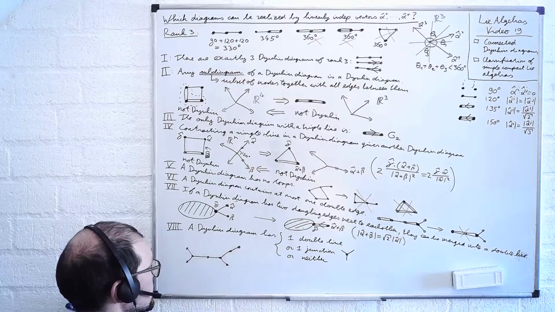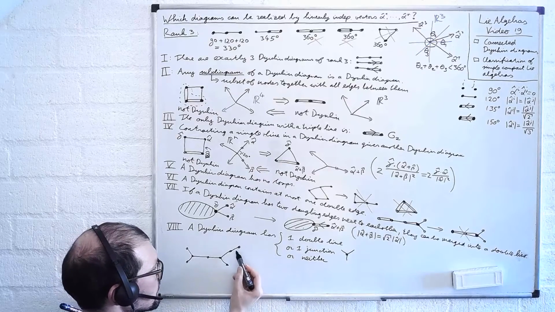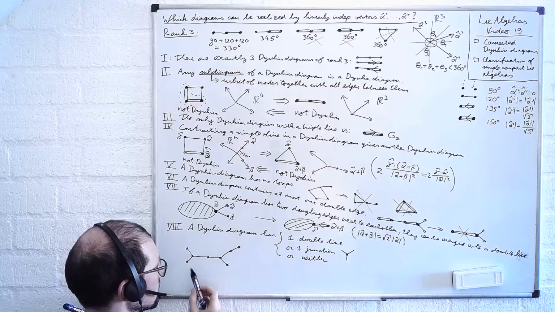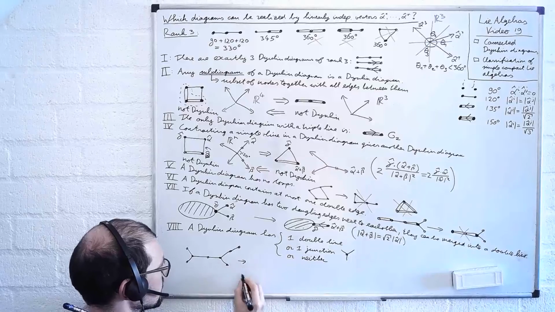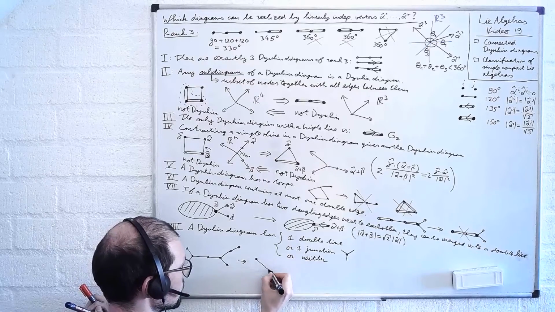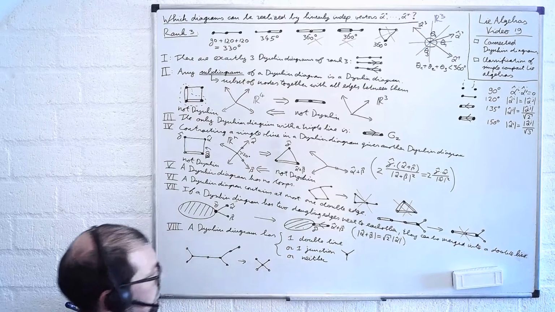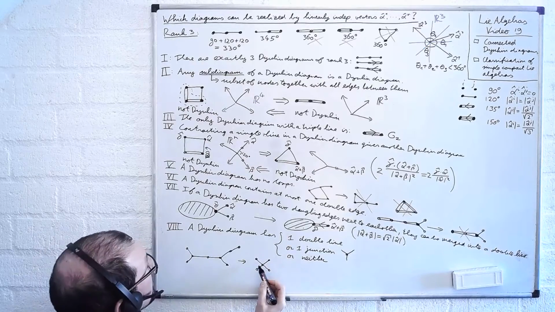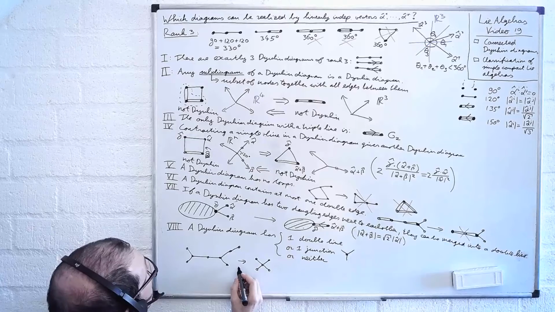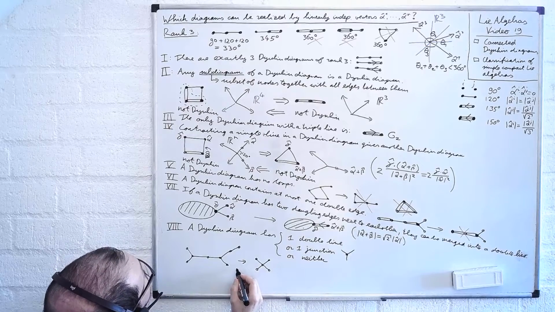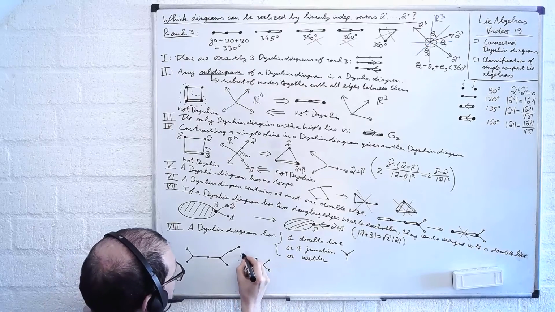Maybe there is another one here. What I can do is contract some of the edges to bring this to this form. This is using contraction 4.